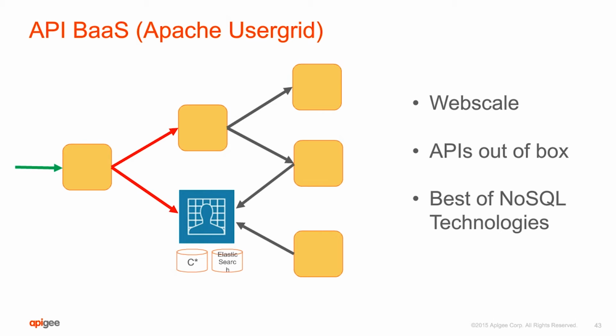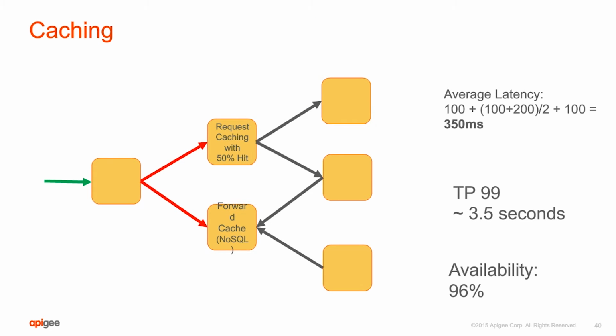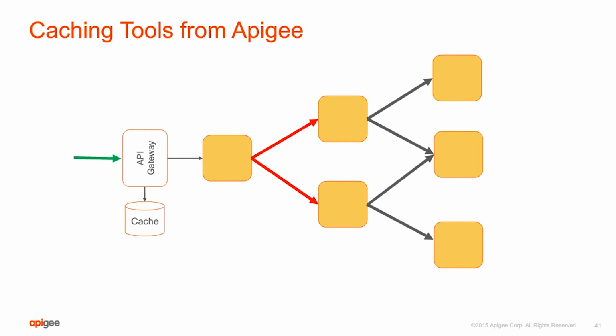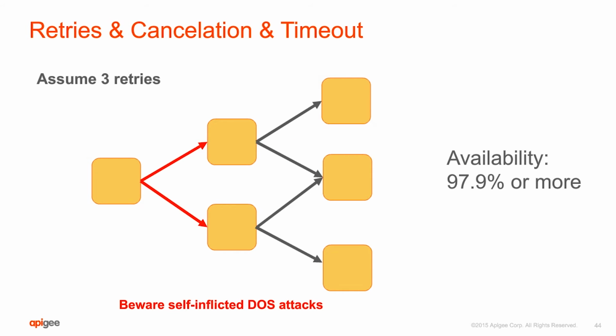Okay, so the other technique is cancellations, timeouts, and retries. Assume that these services have 99% availability. Then, as we said before, if we had six services, your availability drops down to 96%, right?